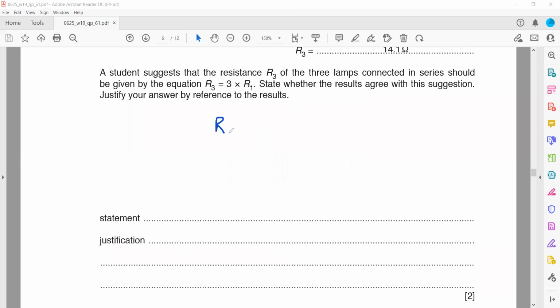R3 is 14.1, that is given here, and 3 times R1 is 8.33 multiplied by 3, that is 24.99.